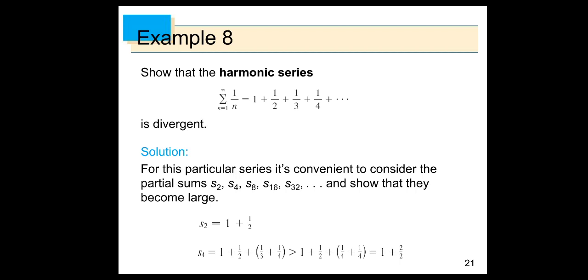These are the 4 values, and they are greater than 1 plus half plus 1/4 plus 1/4, because 1/3 is greater than 1/4. So we write it down as 1 plus half and then 1 by 4 plus 1 by 4, which is equal to 2 by 2, half plus half.